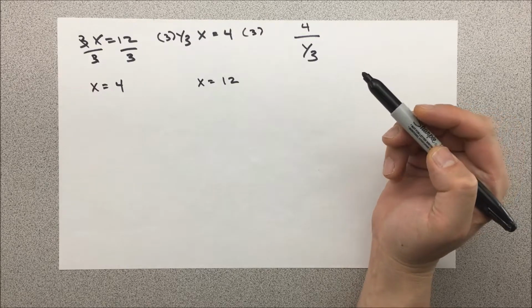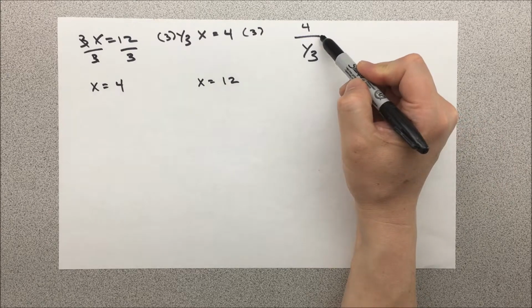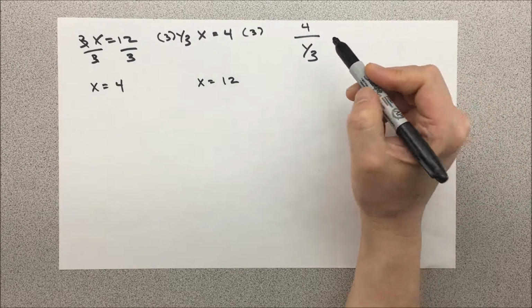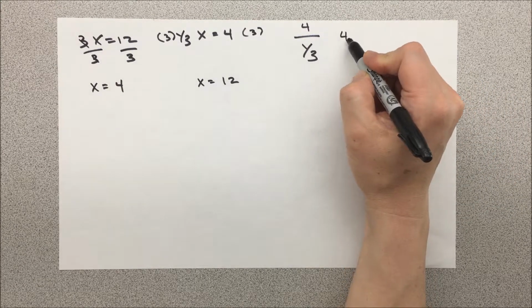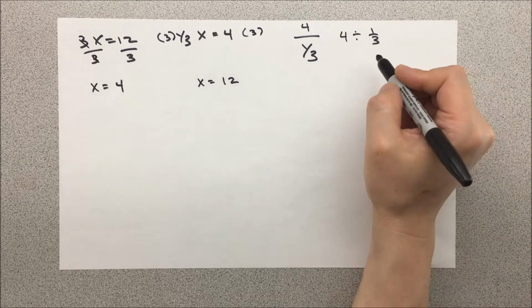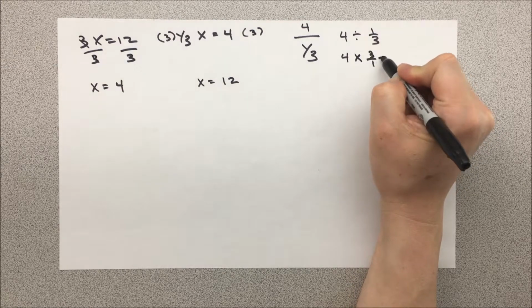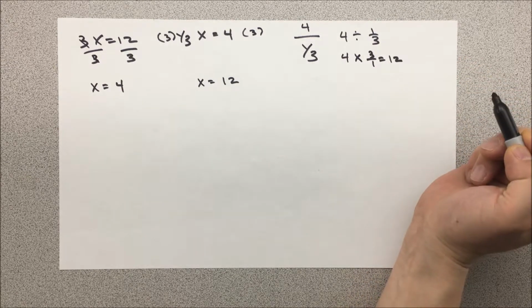It turns out it's actually a very simple division problem with fractions, where this line means to divide. This is the same thing as saying 4 divided by 1/3. And to calculate this, you take 4 times 3 over 1, which equals 12.